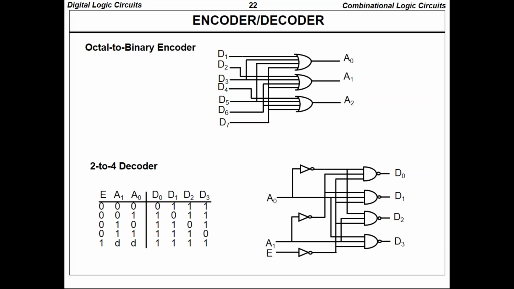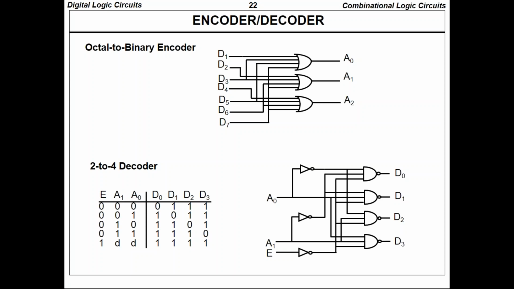For the octal to binary encoder, we are just drawing the truth table, 0 to 7, and here 0 to 7 both are the same logic.